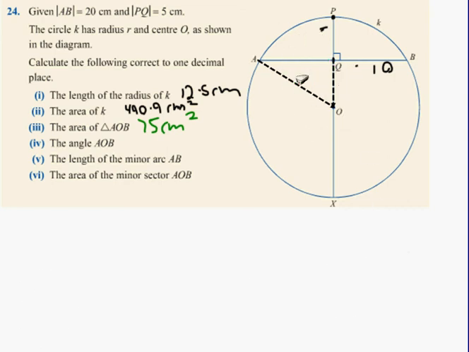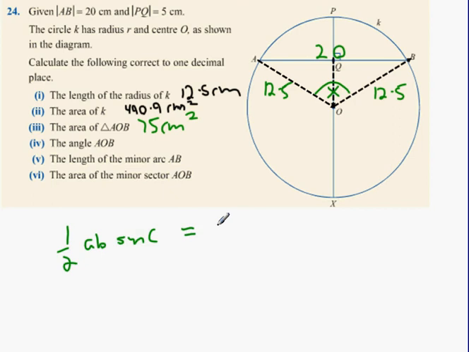Now the angle AOB. I suppose a good way of doing the angle AOB would be that's 12.5, that's 12.5, this whole thing here is 20. We could use the cosine rule to find out what x is, or we could say a half ab sine C equals 75.